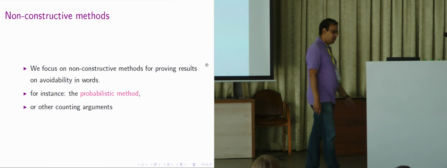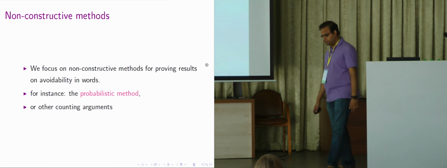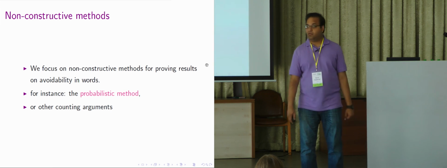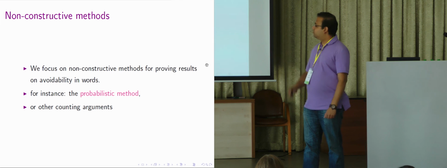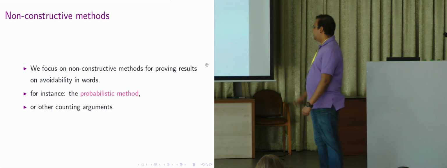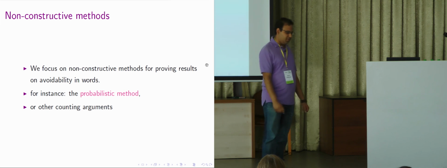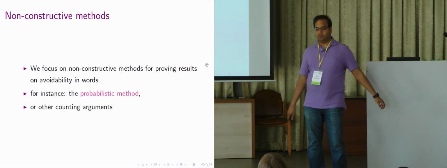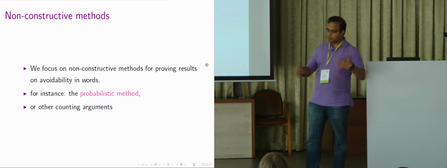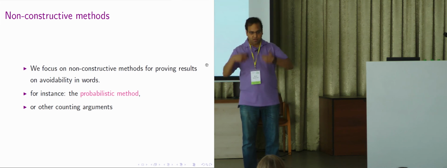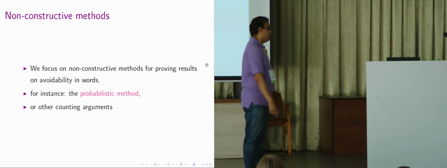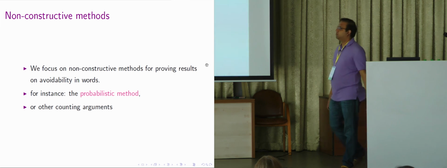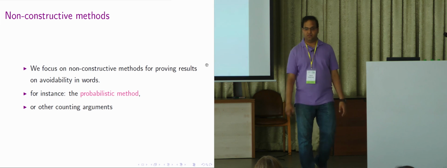But there are some other very nice, more recent techniques for proving results in avoidability. There are some very nice non-constructive methods: probabilistic arguments or some other kind of counting or existence type proofs that don't necessarily explicitly produce an example of whatever kind of word we're looking for.